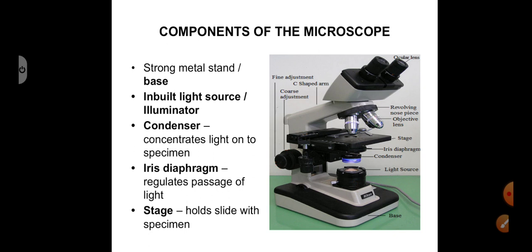Above the condenser is the iris diaphragm, which regulates the amount of light that has to fall onto the specimen. Now we're saying specimen, where is the specimen placed? It is placed on a stage which you can see above the iris diaphragm. The specimen is smeared onto the glass slide, and the glass slide with the specimen is kept on the stage.